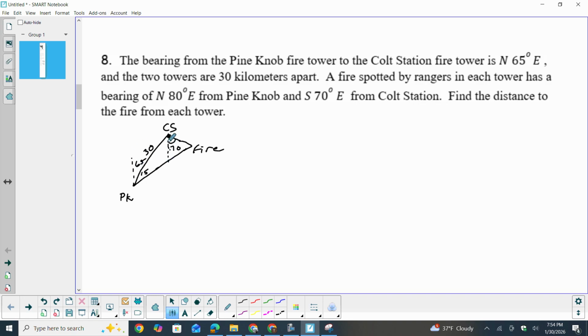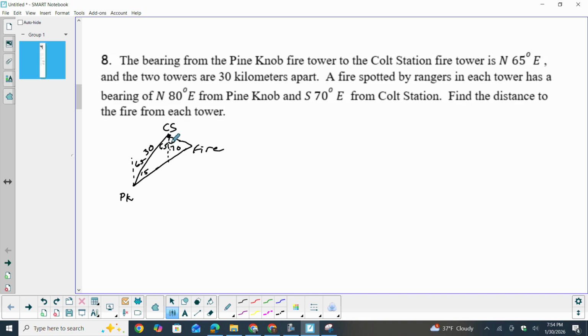This is a north-south running line. They're parallel. Back from geometry, alternate interior angles form a Z, and they are congruent. These two angles are congruent, so this is 65 degrees. Grand total of 70 plus 65 is 135.